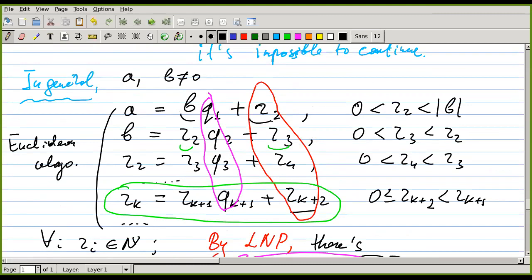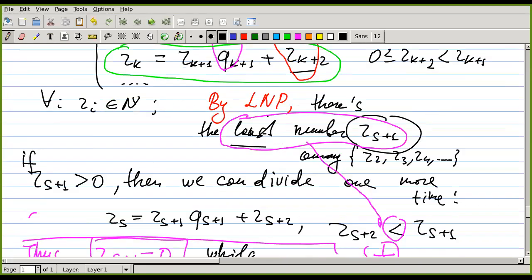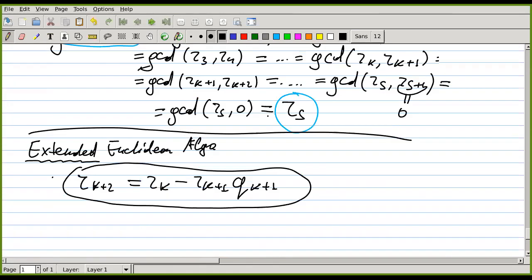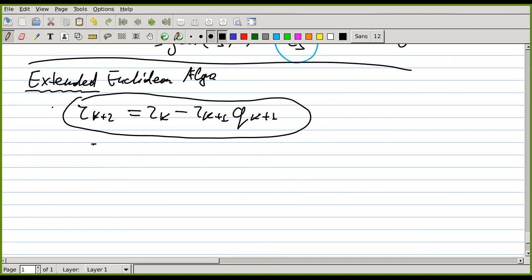And now I want to somehow lengthen our sequence. I will add 2 more values for R. I will say that R0 equals A and R1 equals B. Then this statement will be true for every natural K.